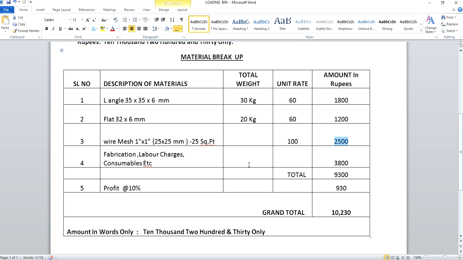So on that basis, here I am considering a consolidated amount of 3800 rupees. These 3800 rupees will be the fabrication charges to be provided for manpower. This will be the overall charges to be spent for fabricating this one steel bin by using manpower, material, machines, and painting, coating, everything, etc.